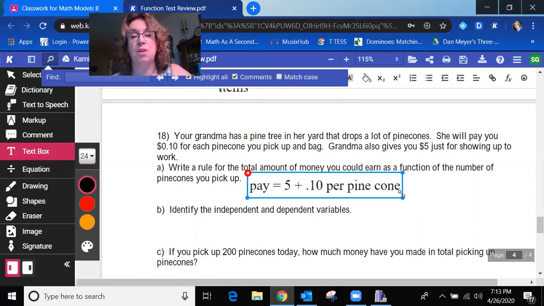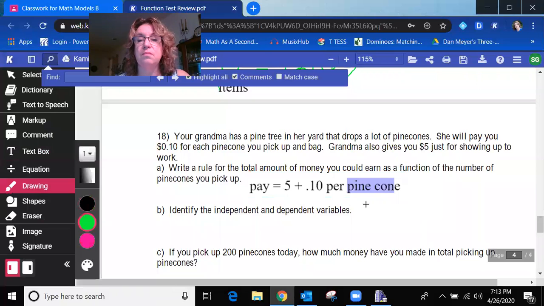And so if pine cone becomes your x, it's a function of the number of pine cones.